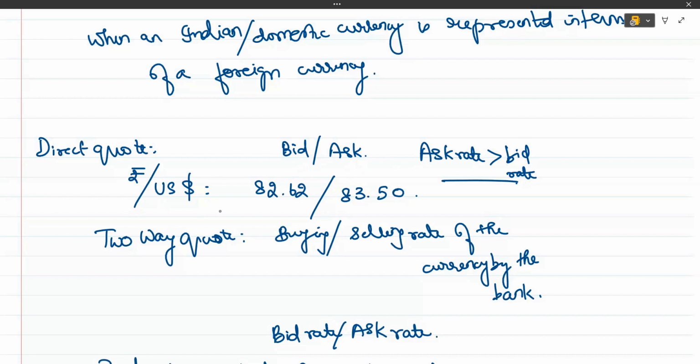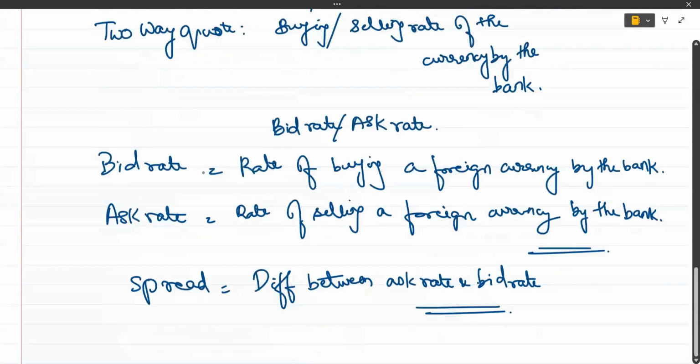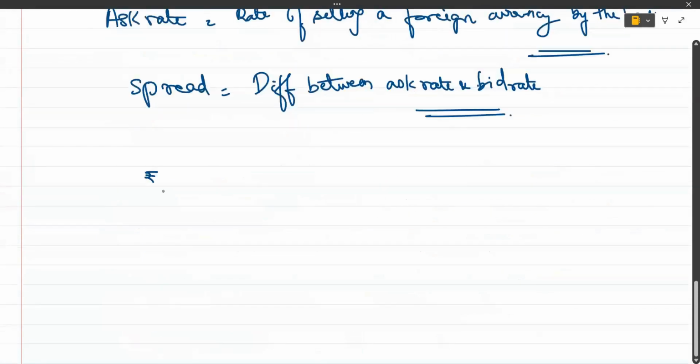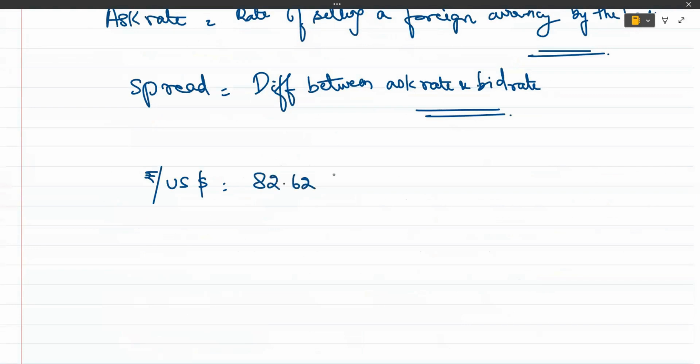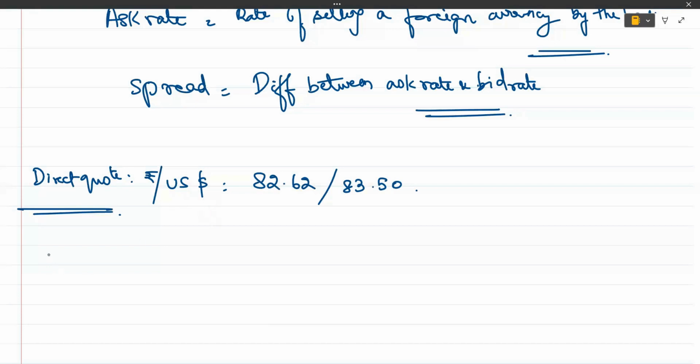Suppose I have to convert this to an indirect quote. Let me write that number once again. Rupees per US dollar 82.62/83.50. This is direct quote where the currency is represented as for 1 US dollar, where the US dollar behaves like a commodity. Now coming to indirect quote for a two-way currency.